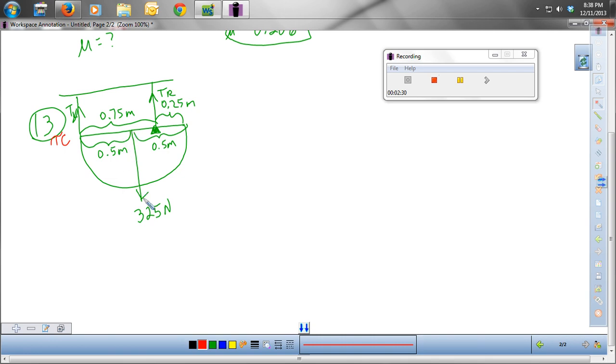If this were to break and the pivot were here, the sign would rotate counterclockwise, so that weight's going to create a counterclockwise torque. Since I have equilibrium, those two torques have to be equal to each other, so I want to multiply the force times the distance.